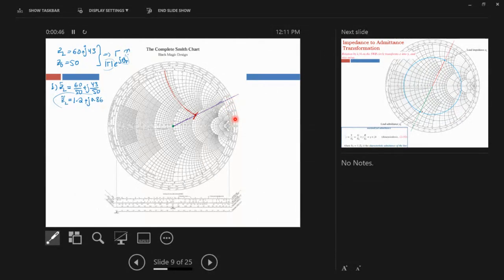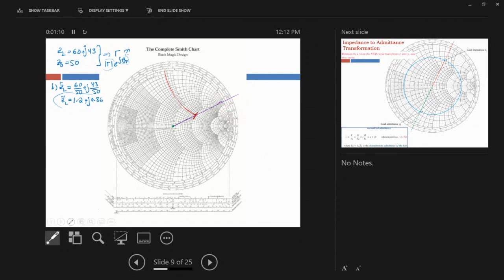So for example, this is 20 degrees. This is 30. So if this is 30, this is 20 degrees. So this would be about, I would say, 28 degrees.